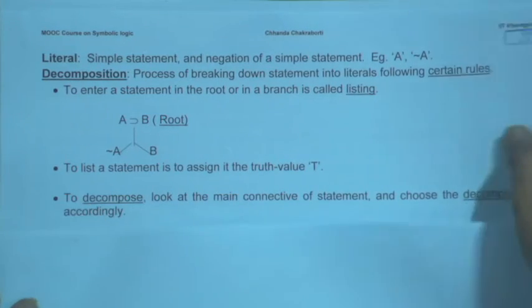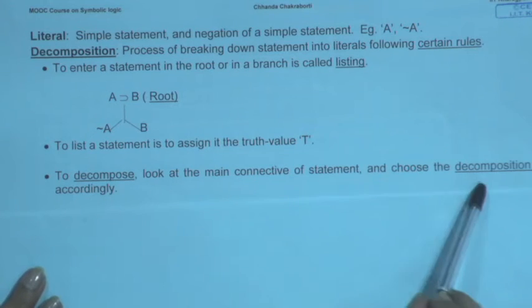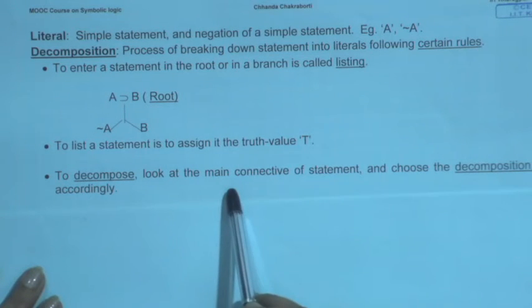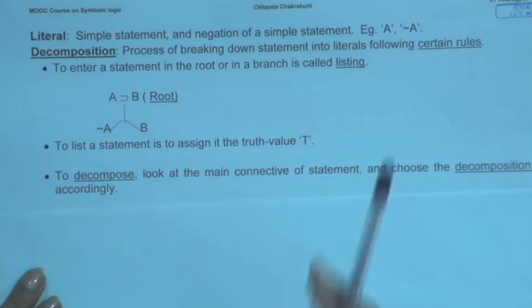How do you decompose? The answer is that you try to choose the rule that fits the main connective of the statement. So, the decomposition rule is actually the main connective decomposition. Remember, the main connective is the one that has the maximum scope over the sentence, and you try to see the rule that fits that main connective.